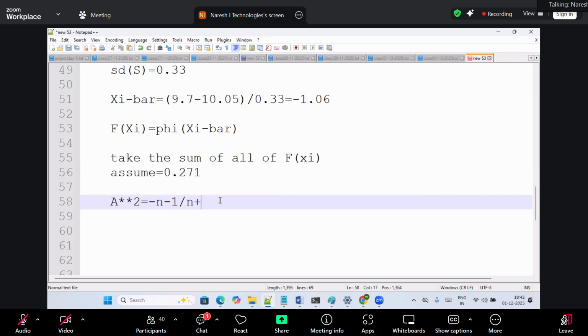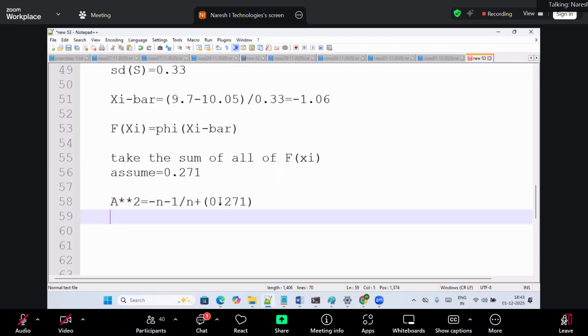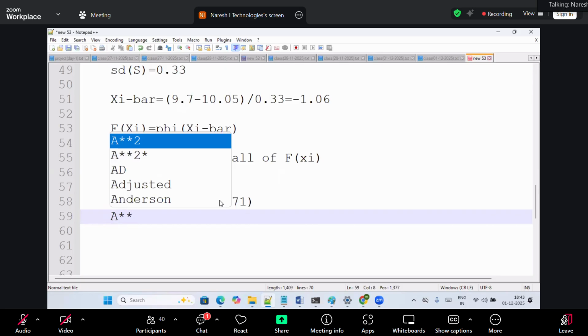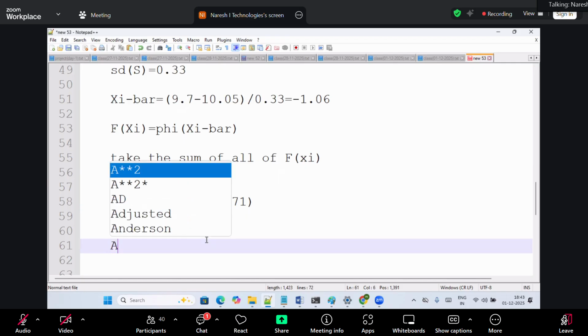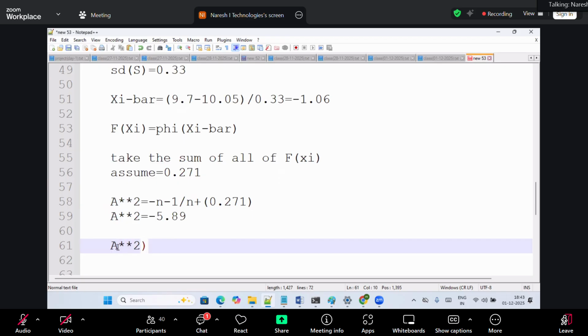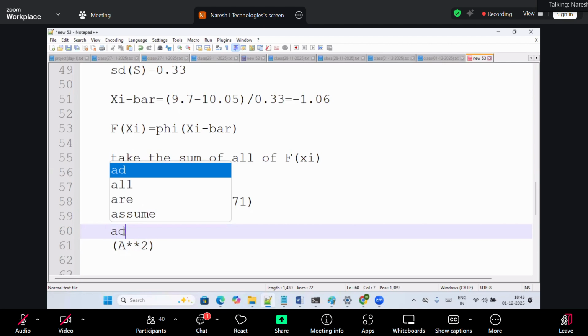So here you get the value of A square, let's say minus 5.89. Then you need to find out the value for A square star. This is the adjusted one. This is the adjusted value.